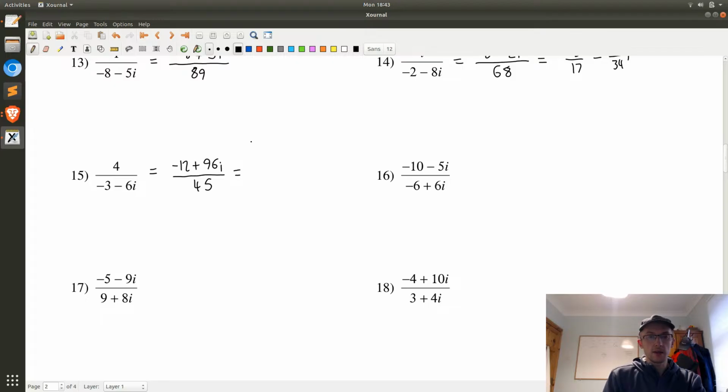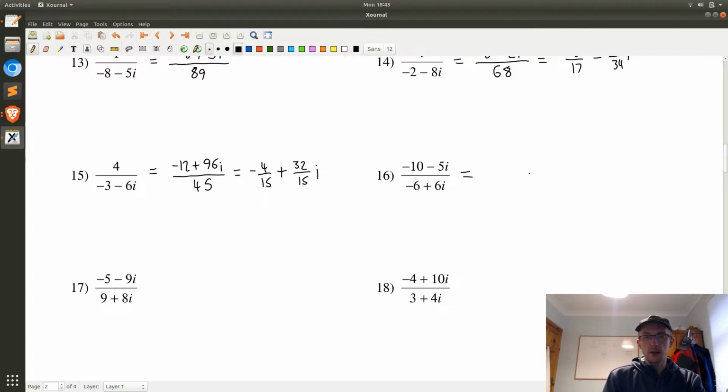And then see if you can simplify. So we notice that 3 seems to be in common everywhere. So negative 4 over 15 plus 32 over 15 i. There like that.